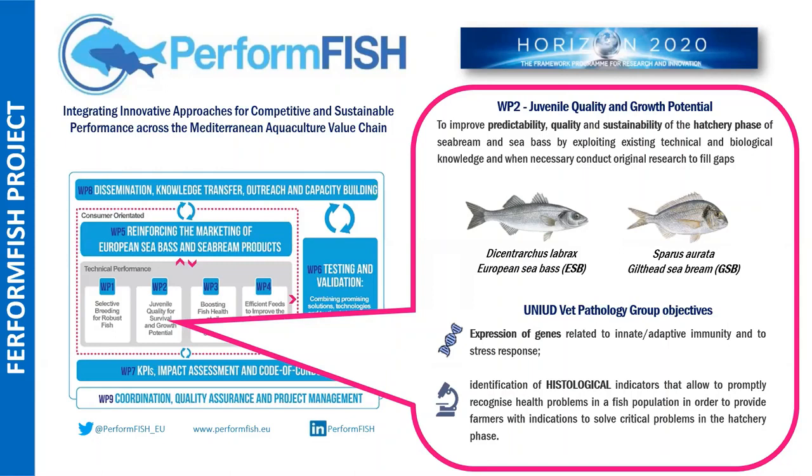UNIUD, the team, has been involved in work package 2, which aims at improving predictability, quality and sustainability of the hatchery phase of the two target species, gilthead sea bream and European sea bass.